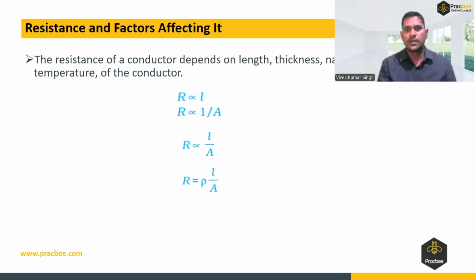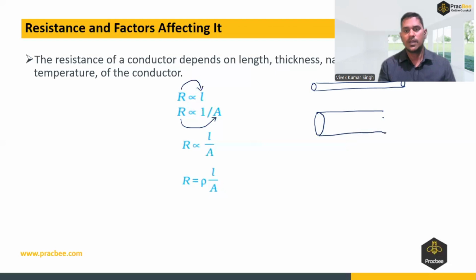Now, let's find out the relation between resistance and resistivity. Resistance is proportional to the length of the wire. It means the longer the wire, the larger the resistance. It is inversely proportional to the area of cross section. It means the thicker the wire, the more the area of cross section, the less the resistance. Or the smaller the area of cross section, the larger the resistance.